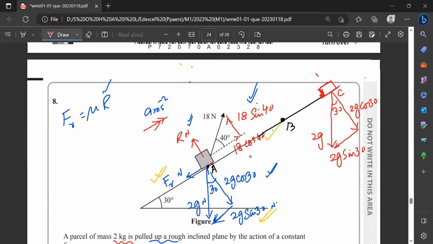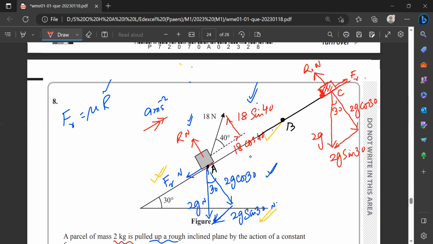So here is the normal reaction. Previously, we added the component of the 18 newton force to the normal reaction, but here it is not the same as before. So let us take it as R1. So R1 is simply 2g cos 30.